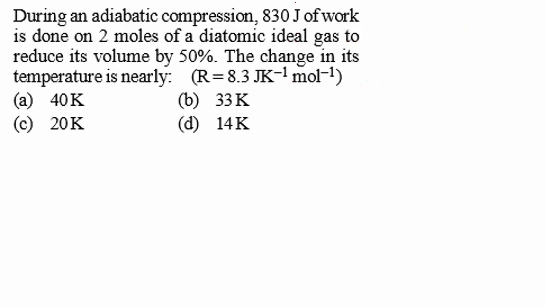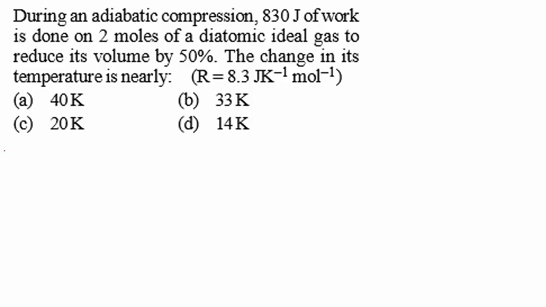During an adiabatic compression, 830 joule of work is done on 2 moles of a diatomic ideal gas to reduce its volume by 50%. The change in its temperature is nearly? We already studied this in class 11 in thermodynamics, adiabatic compression, right? So directly we can use the equation.